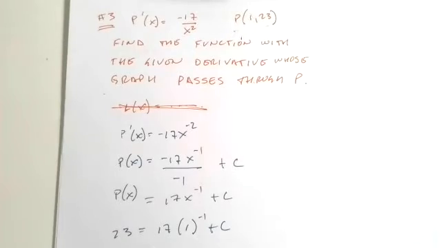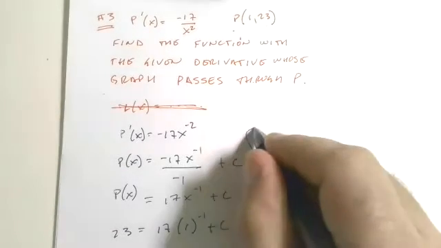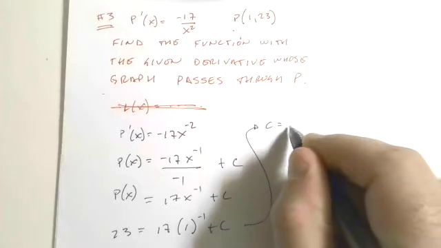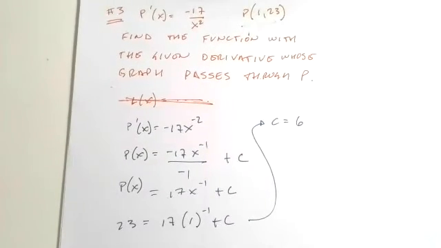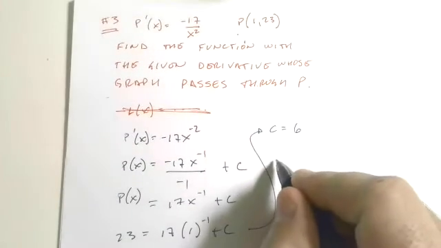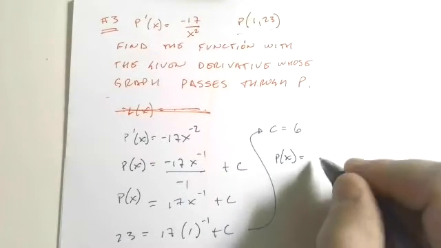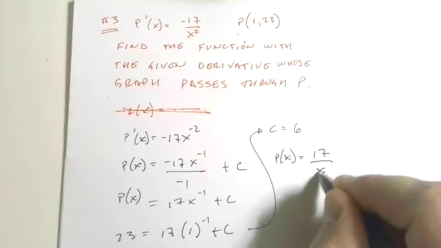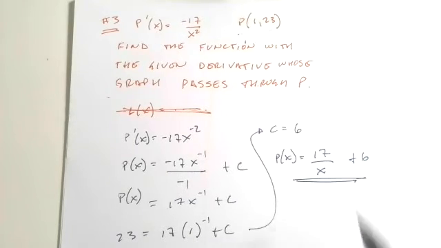That's just 17 plus c. Subtract 17 from both sides, and we get c equals 6. So there's our function. P of x equals 17 over x, or 17x to the negative first, plus 6.